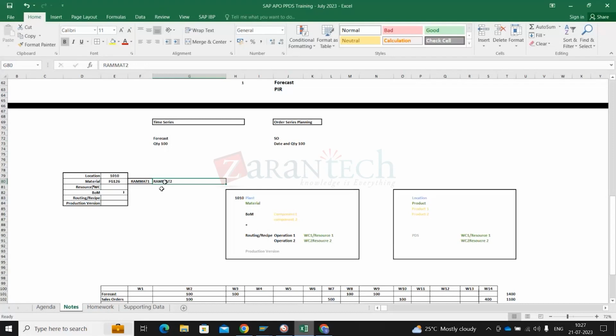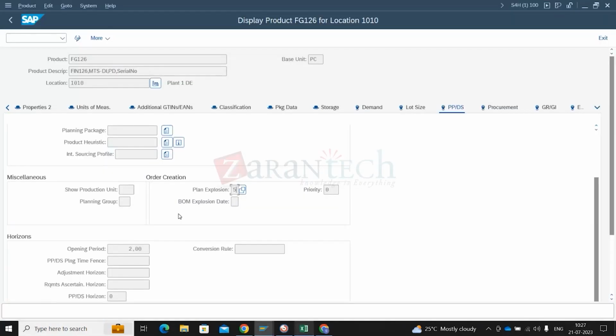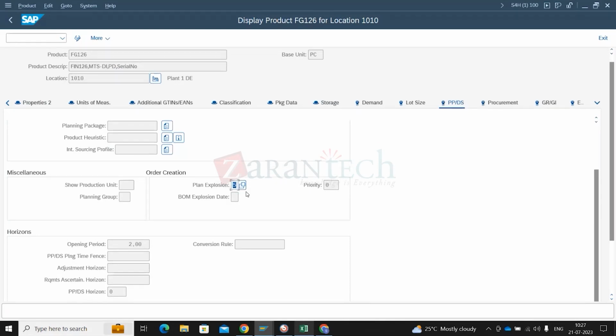But when we run the planning for this material, it would find out the explosion bomb and it would just create raw material requirements. So that's what we call explosion. Take it literally: once you explode something, it brings all the components out of it, right? So that's what happens in the explosion. And we say 5 is the strategy for that.